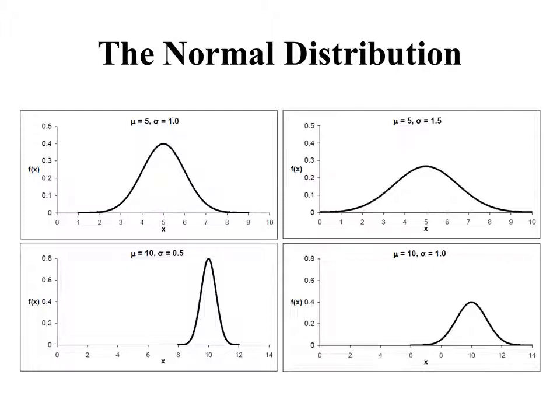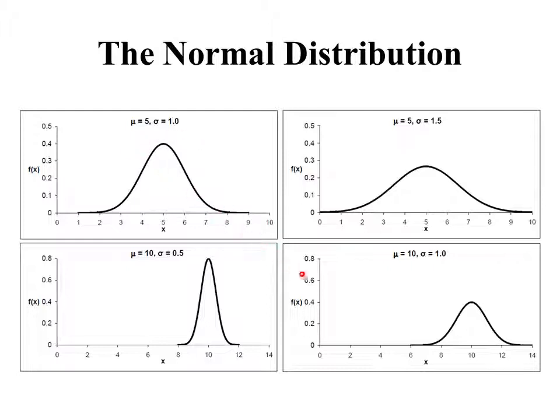We see that as mu increases, the bell curve simply shifts to the right. If we compare this bell curve here to this bell curve here, we see that they're very similar shapes. Just this one over here is shifted to the right. And now the standard deviation sigma tells you how wide or narrow the bell curve is.